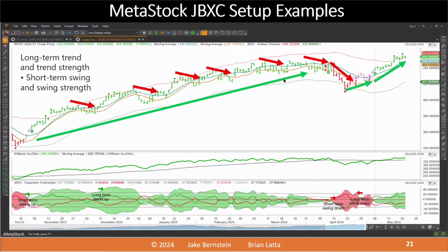So we'll have long-term trends that are rising or falling, and shorter term swings or pricing where the red line, the short-term component of expansion contraction, is above the green line. However, the cloud or cone is green. You're going to see lighter green bars on here, and that's just a correction in an uptrend, trend continuation, trend correction, trend continuation up again, trend correction, on and on and on.